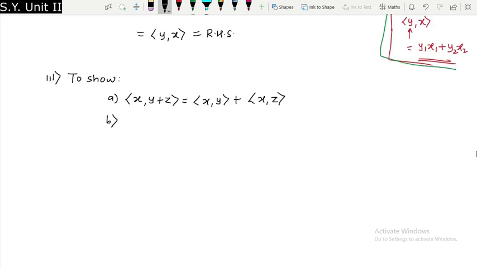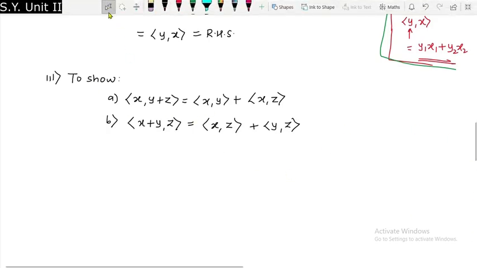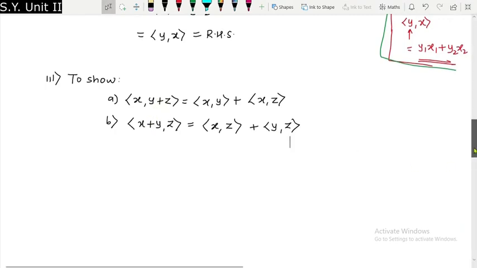And B, inner product of x plus y with z is equal to inner product of x with z plus inner product of y with z. See, notation doesn't matter. The ultimate aim is to prove that inner product can be distributed in the second coordinate as well as the first coordinate. That is the aim.